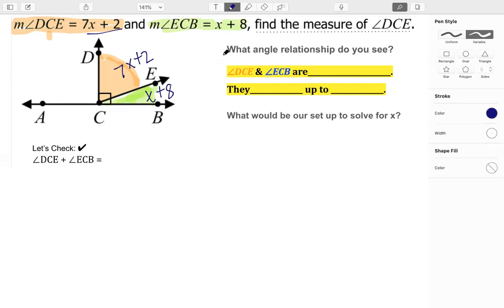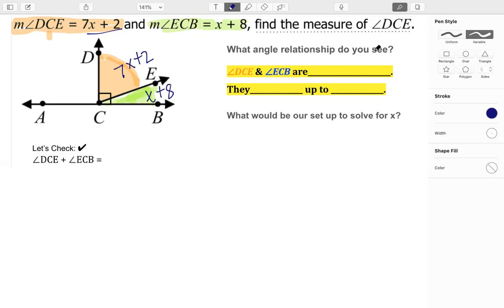Okay, now, being that these are the only two angles they gave us information for, we can try and figure out the measurement of DCE, which is the angle in orange. We're trying to figure out what the actual measure is. They want us to get a number, not a value, but a number. So somewhere down the line, we're going to end up plugging in our solution when we find x.